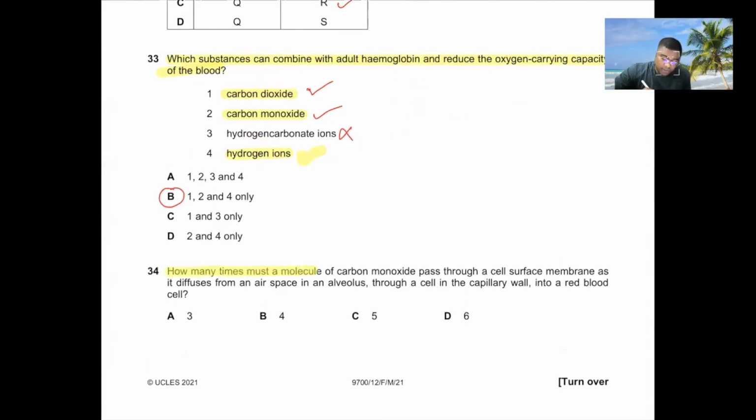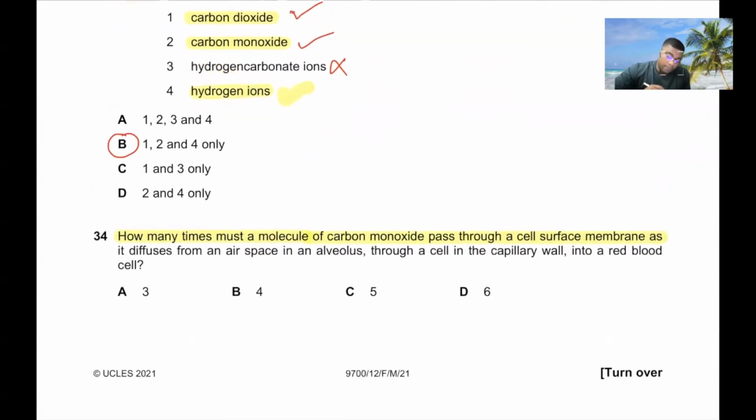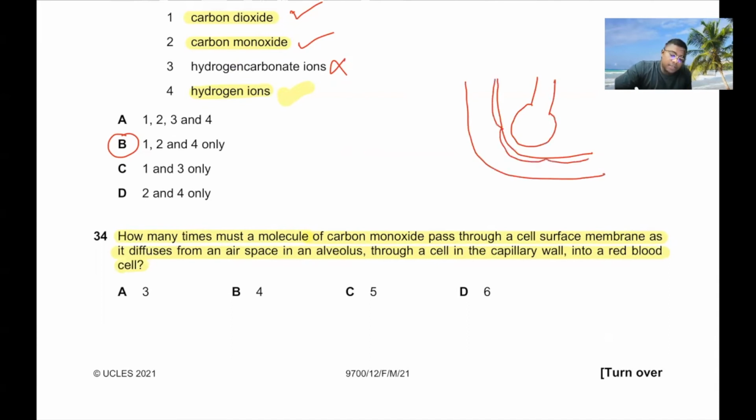How many times must a molecule of carbon monoxide pass through a cell surface membrane as it diffuses from an airspace in the alveolus through a cell in the capillary wall into a red blood cell? Tricky question. You see, if we were to draw an alveolus and the blood vessel that is passing right next to it, the capillary will be one cell thick, but there will be two cell membranes.